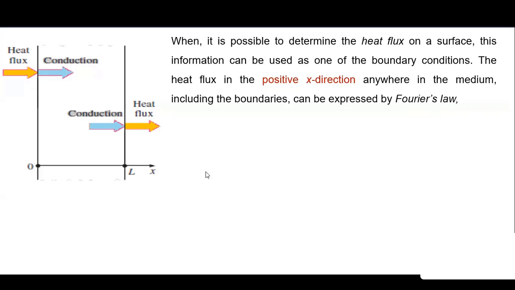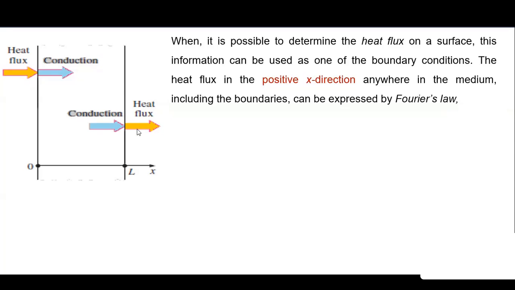Whatever heat flux is obtained at this boundary is going to get conducted through this surface. In other words, whatever is the conduction into this, the same amount of heat flux is going to be there on the other side, because we are assuming steady conditions. So if you assume steady conditions, then the heat fluxes are the same.